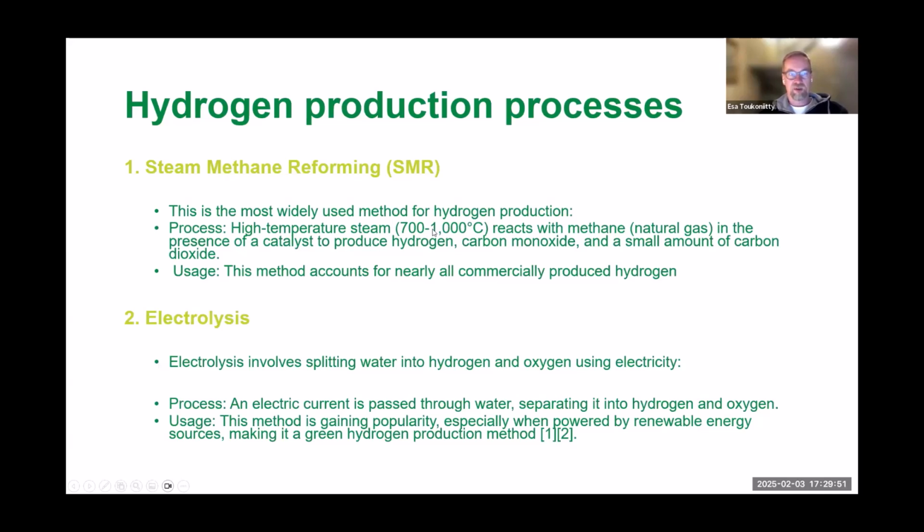It typically utilizes natural gas or methane as a starting material, which of course normally comes from fossil sources. And then it's treated with very high temperature steam, and there is also a catalyst involved.